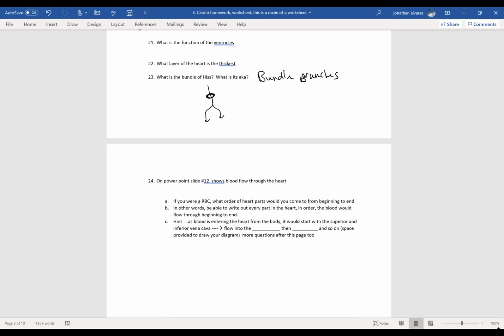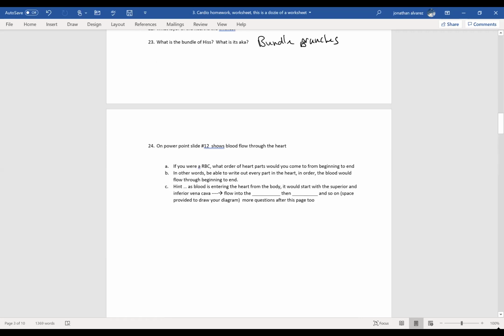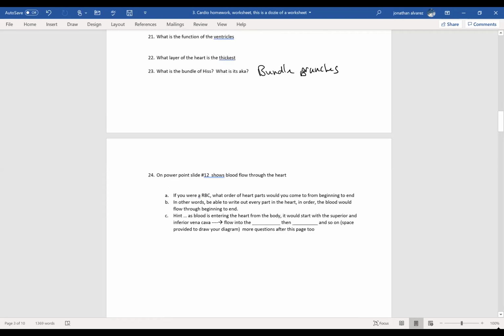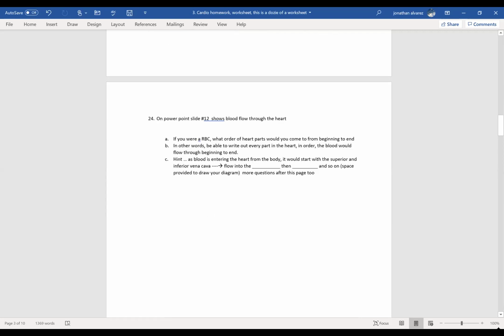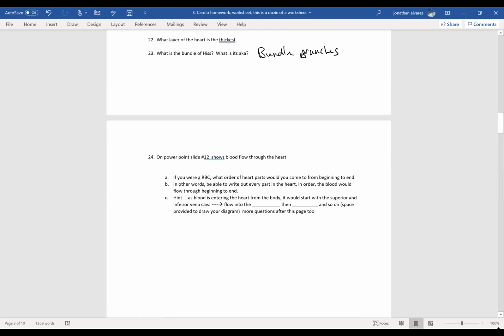The bundle of His, I talked about that in the lecture notes, but it's a site of electrical conduction where the nerves come together. And then they bifurcate into the right and left bundle branches. And then those go up the heart and turn into the Purkinje fibers.